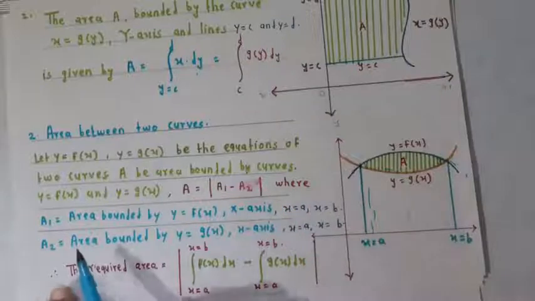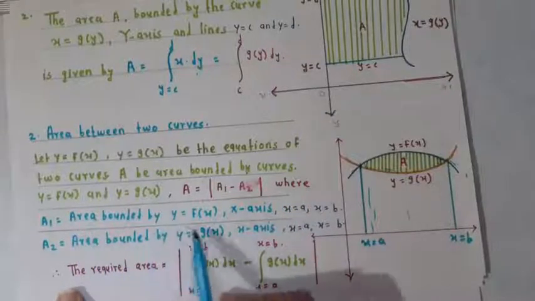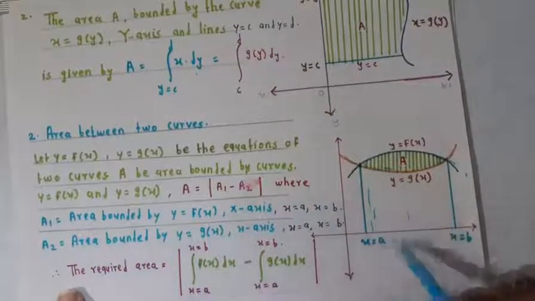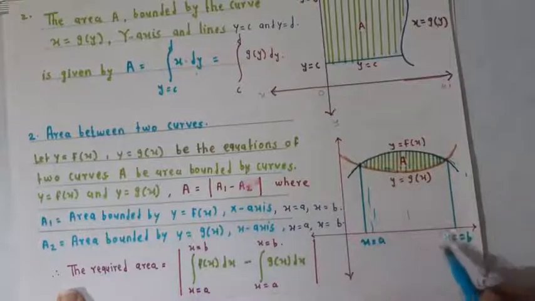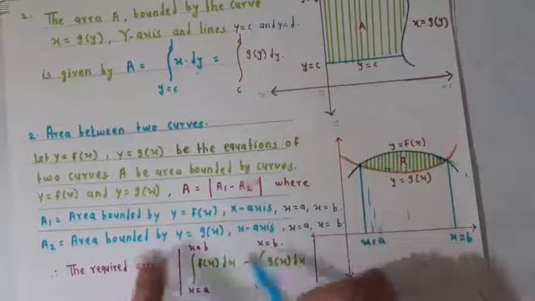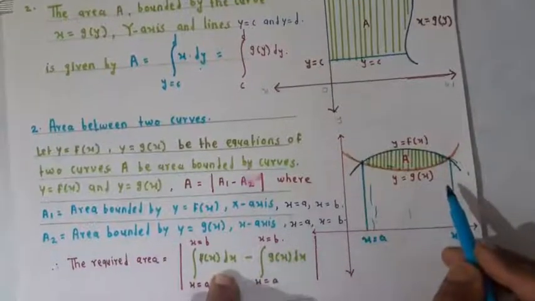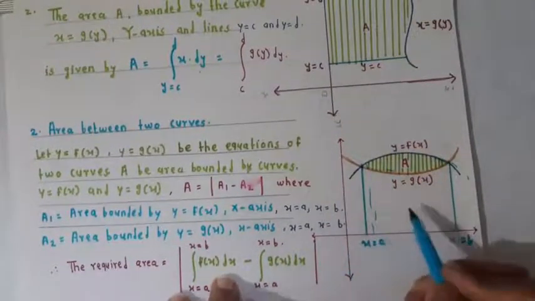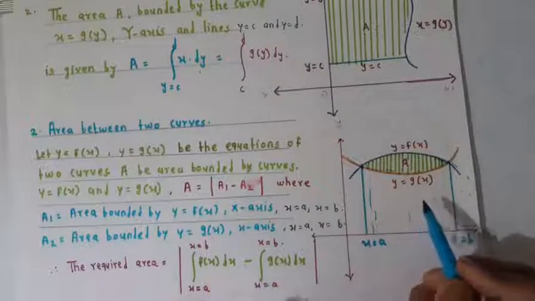Where A1 is the area bounded by y equal to f of x, the x axis, x equal to a and x equal to b, and A2 is the area bounded by the curve y equal to g of x, x equal to a and x equal to b.